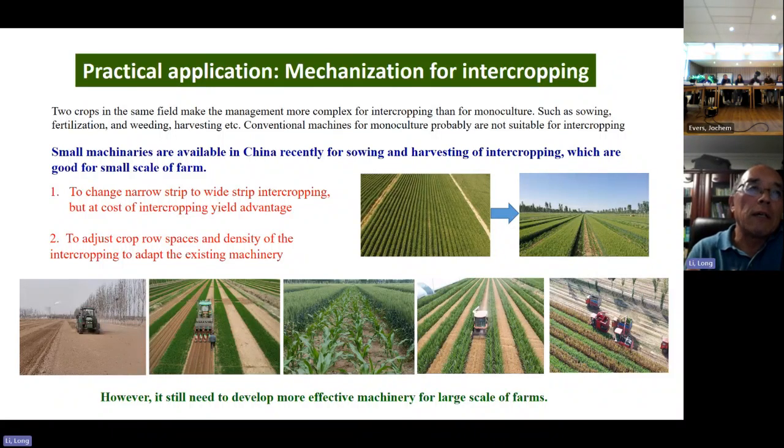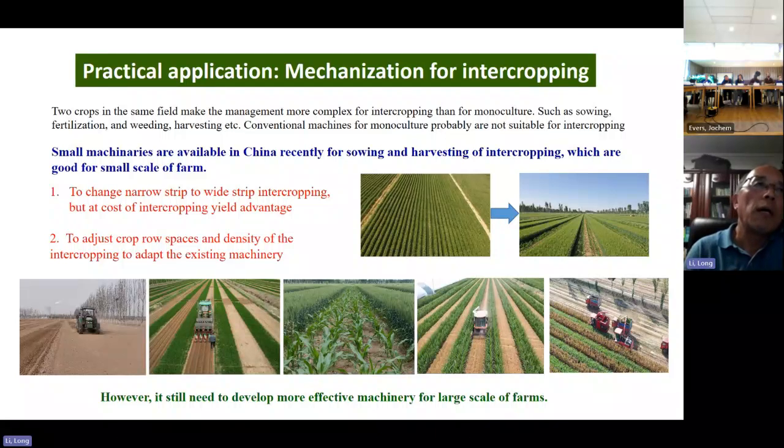However, if we want to extend intercropping to farmers, we must have a solution for the mechanization of intercropping. In order to use modern machinery for intercropping, we must change from a narrow strip to a wider strip intercropping.